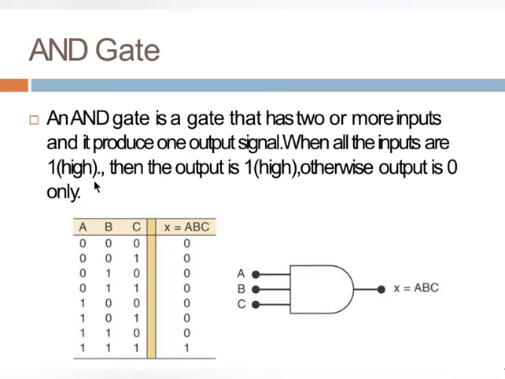When all the inputs are high or 1, then the output is high. This is the truth table and this is the symbolic representation of AND gate. So if you are building a digital circuit with an AND gate, and you give all the inputs as 1 or the true value, then only it produces an output as 1.